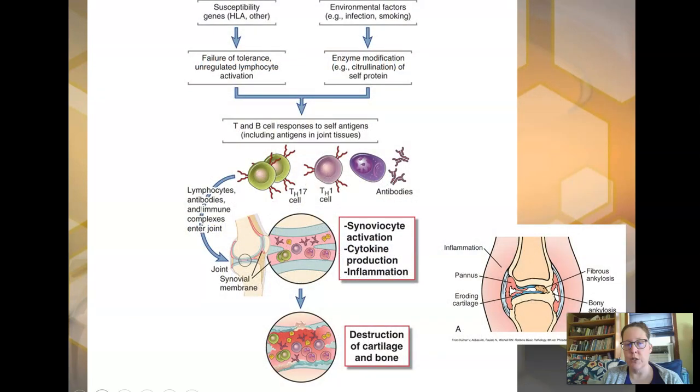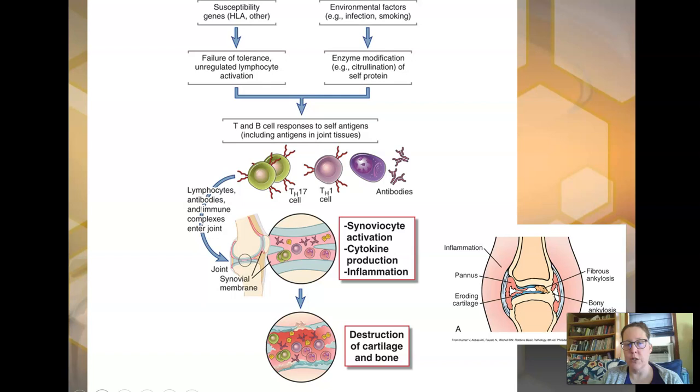So for RA, for example, you have susceptibility genes, such as the HLA gene, plus environmental factors, here the chemicals, infections, smoking, and stuff like that. The environmental factors can modify the enzymes. The susceptibility genes can lead to failure of tolerance and unregulated lymphocyte activation.